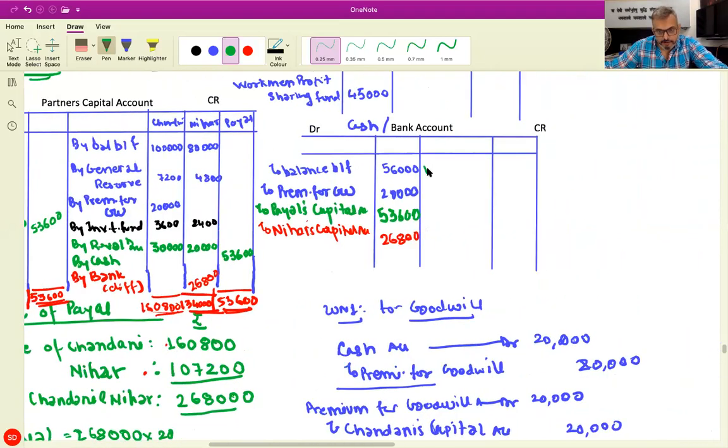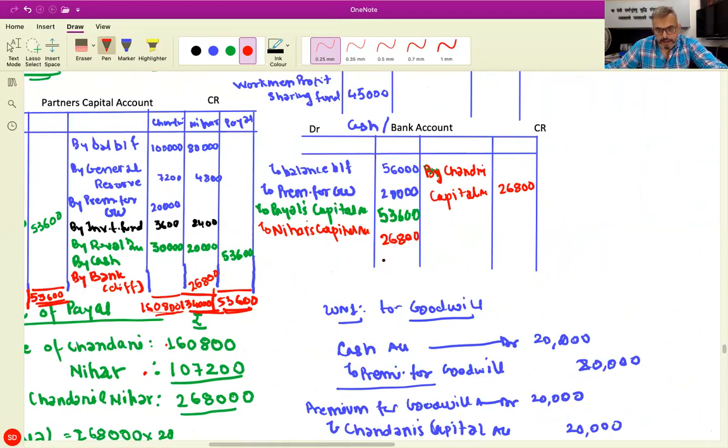So in bank account credit side, by Chandni's capital account, amount is 26,800.